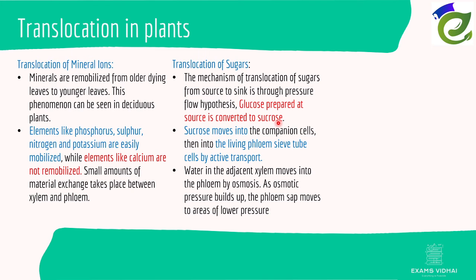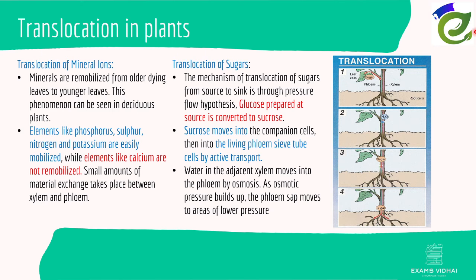Sucrose moves into companion cells, then into living phloem sieve tube cells by active transport. And water in the adjacent xylem moves into the phloem through osmosis. So you have learned that the exchange takes place between xylem and phloem through what? It takes place through osmosis.